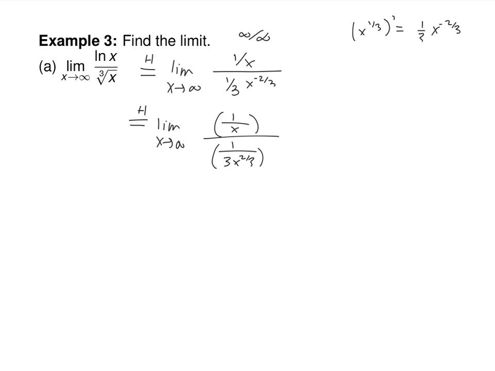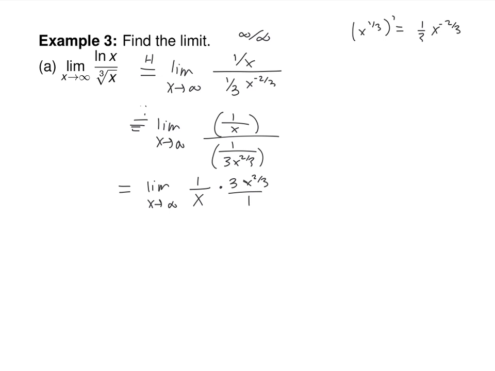Multiply by the reciprocal of the denominator, yes. So this is the same thing. Oh, and I'm sorry, I put an h there when there should not have been an h there. That should have just been an equal sign. Limit x goes to infinity 1 over x times 3x to the 2/3 over 1. And then does that simplify anymore?